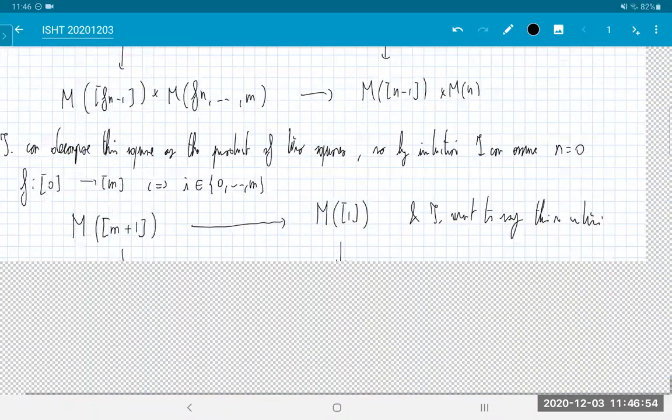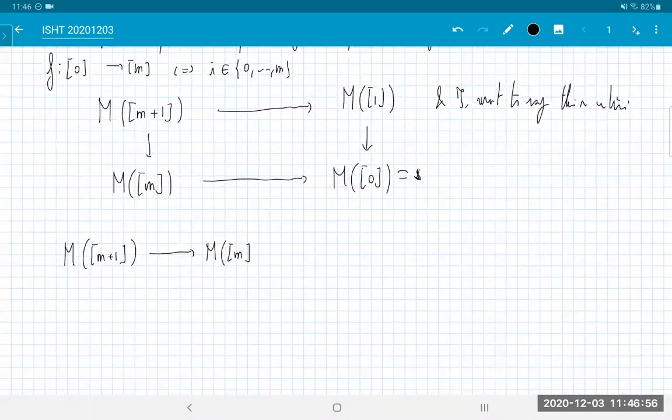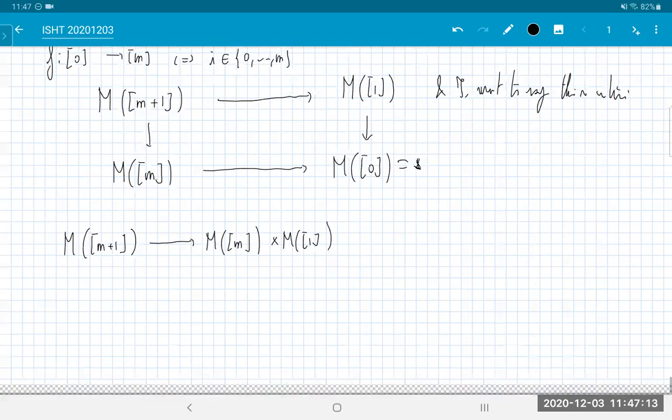I hope I'm doing this right. I think I am messing up some indices.